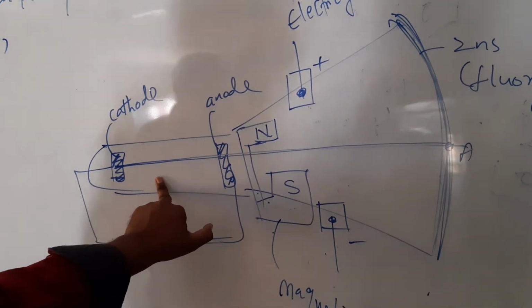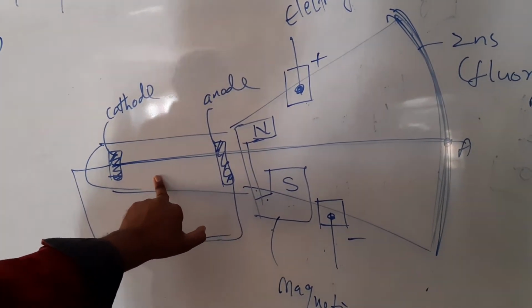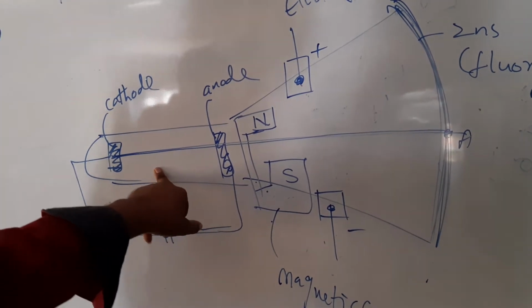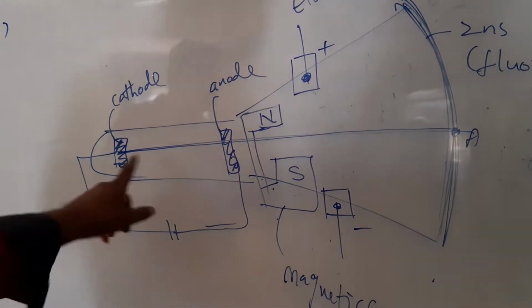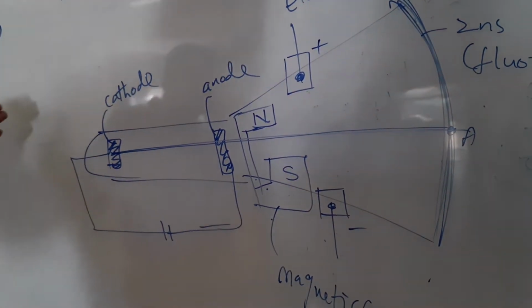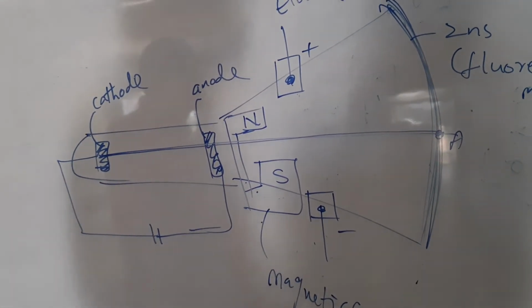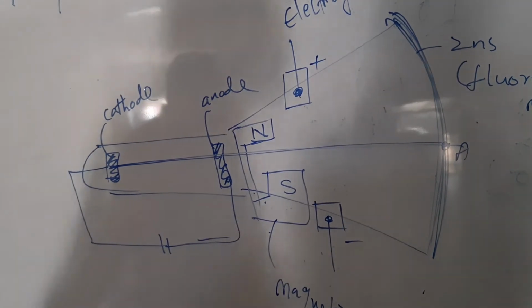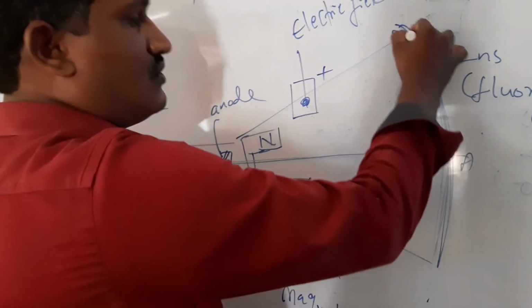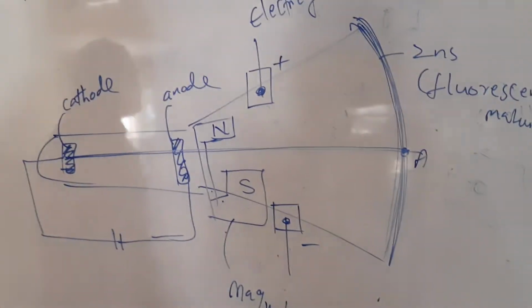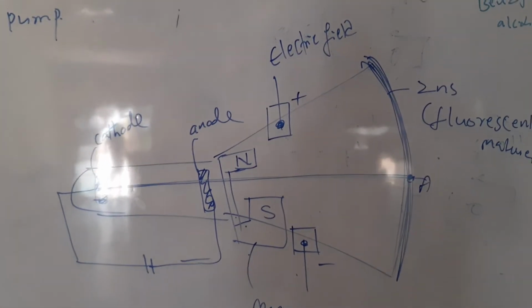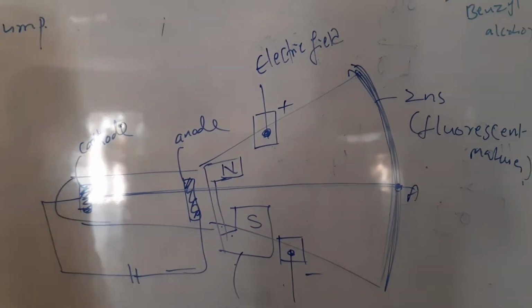The name electron was suggested by Stoney, but it was discovered by Thomson. The cathode rays are invisible particles, so to observe their behavior he took a fluorescent material, zinc sulfide.